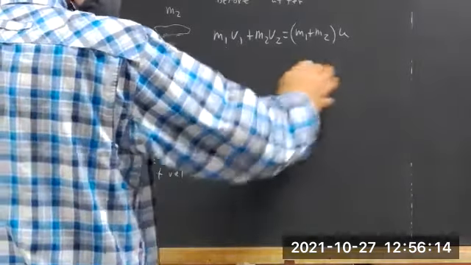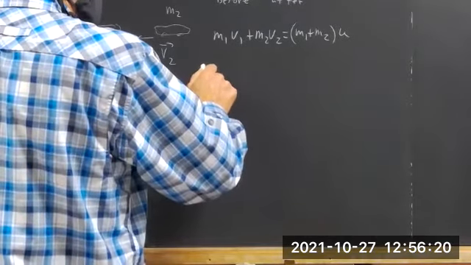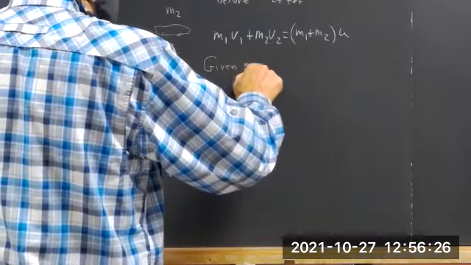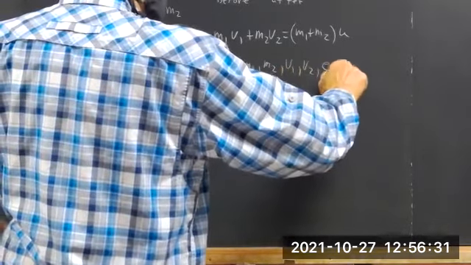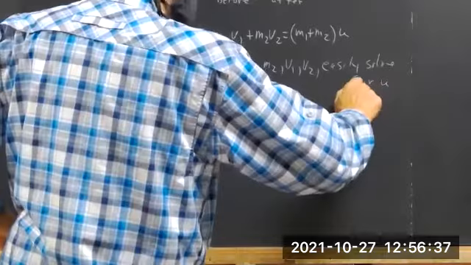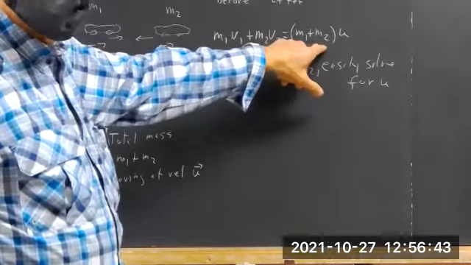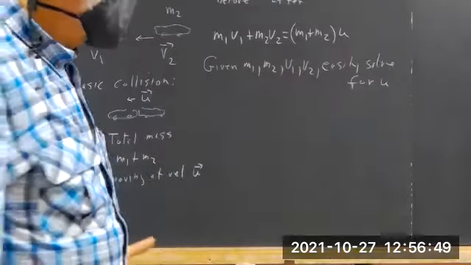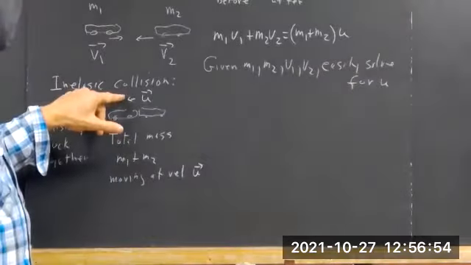Okay, so here we have it. If we know these four quantities, masses before and the velocities before, then we calculate the velocity after on the assumption that the collision is inelastic.